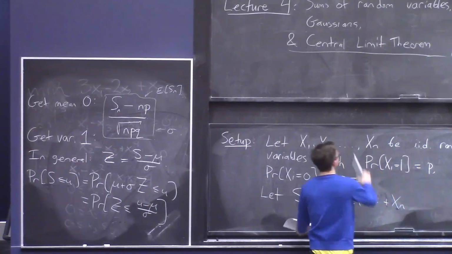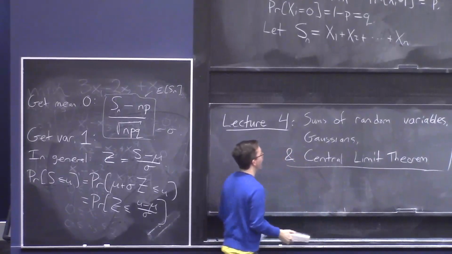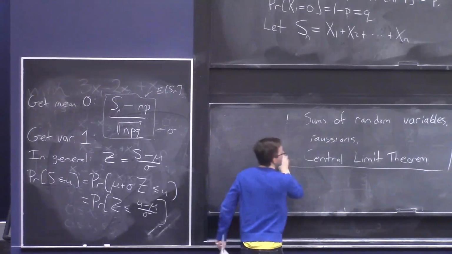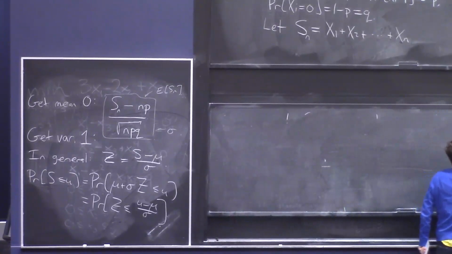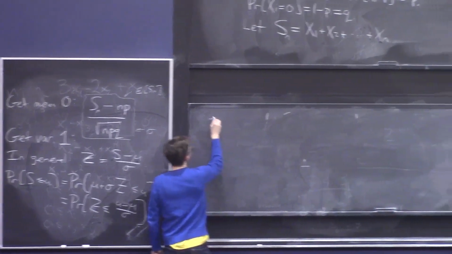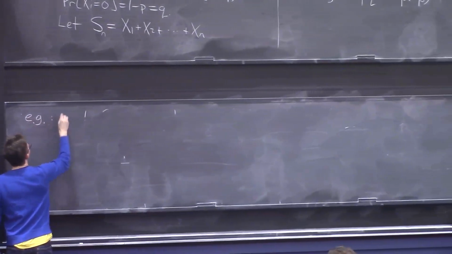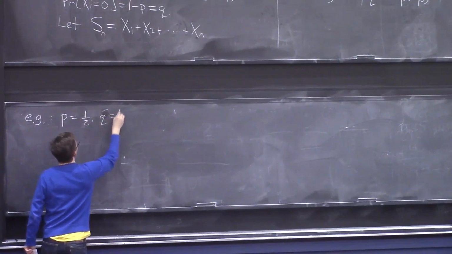So let's go back to this example of our particular random variable Sn, which is the sum of n independent Bernoulli random variables. That's 0, 1 random variables with probability p of being 1. And let's even focus in on the most enjoyable special case when p is a half. This is like the case when you're flipping a fair coin n times. So p is a half, which also means q is a half.